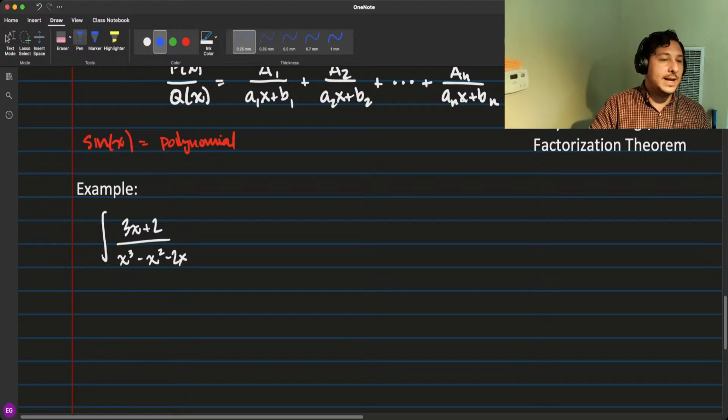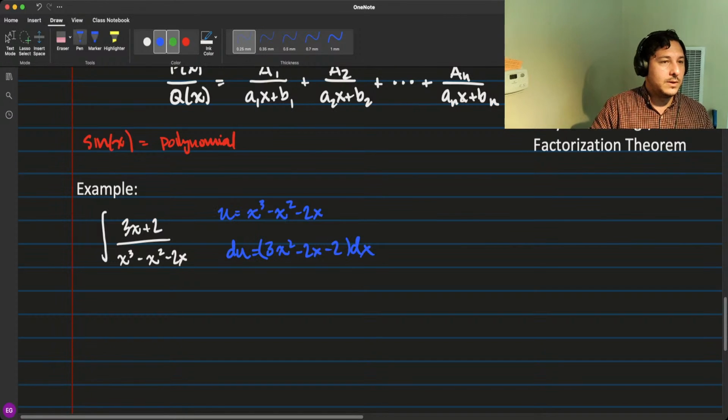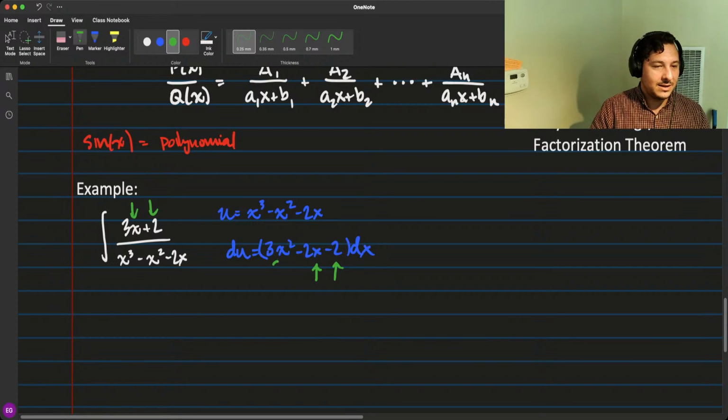You look at this and you notice, oh, I can't do u substitution, because if my u was x cubed minus x squared minus 2x, what would your du have to be? 3x squared minus 2x minus 2 dx. And you're like, oh, well, I've got a 3x and a 2. That's pretty close to those, but then there's nothing there on top, right? So you couldn't do a u substitution as given.